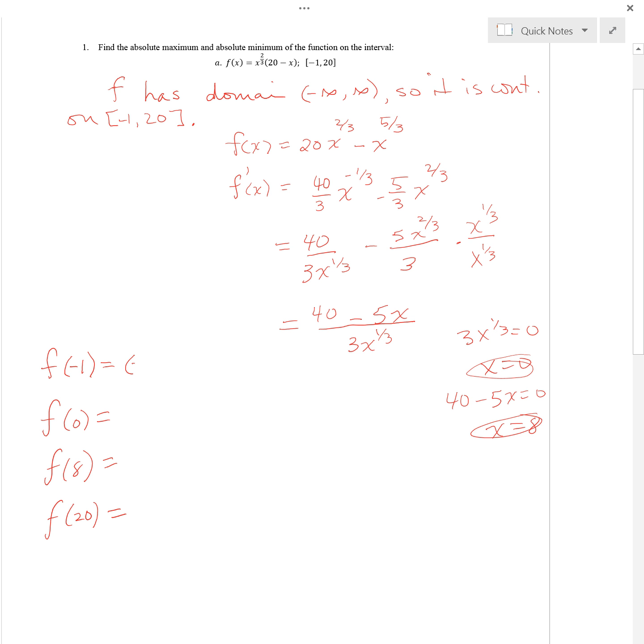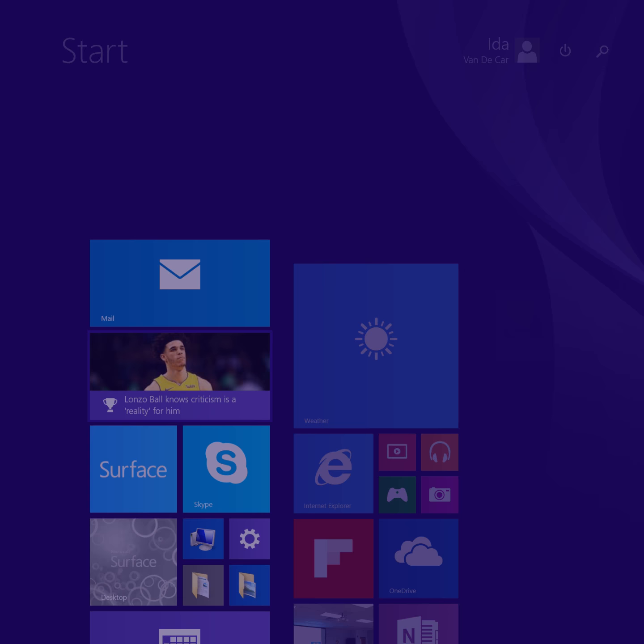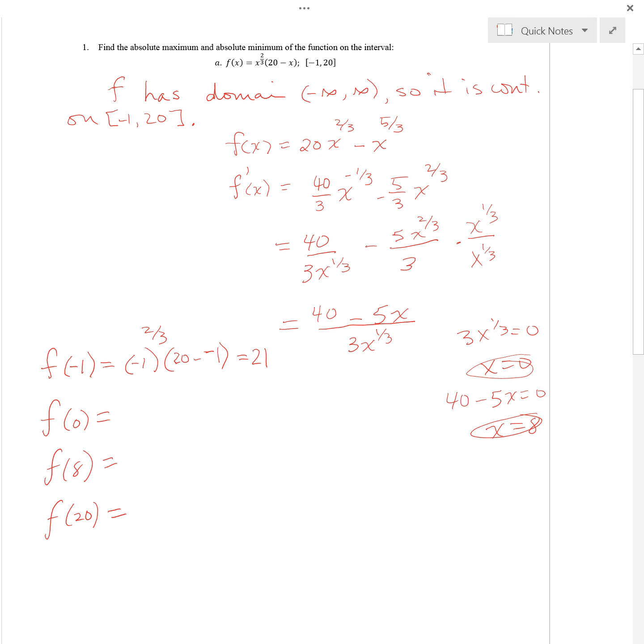So if I look at -1 to the 2/3 power times 20 minus -1, that would be 21. And if I plug in 0, I'm going to get a 0. And if I plug in 8, I'll get 8 to the 2/3. Well, the cubed root of 8 is 2, squared is 4, times 20 minus 8 is 12, so that's a 48.